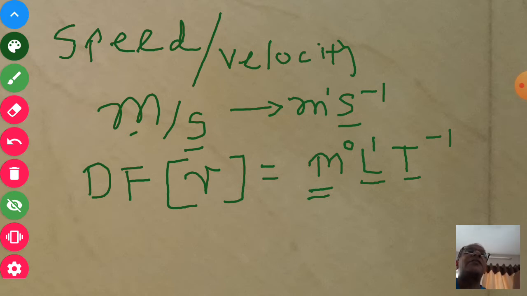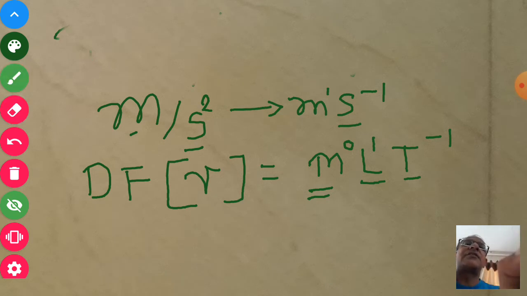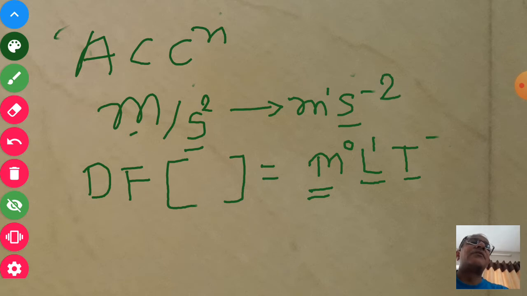Now acceleration. The unit of acceleration is meter per second square. This is not for speed, now this is for acceleration. So instead of minus 1, here it becomes minus 2, T raised to minus 2.